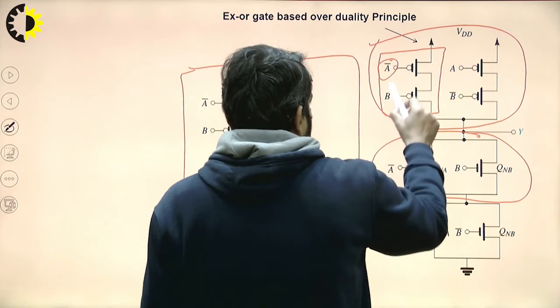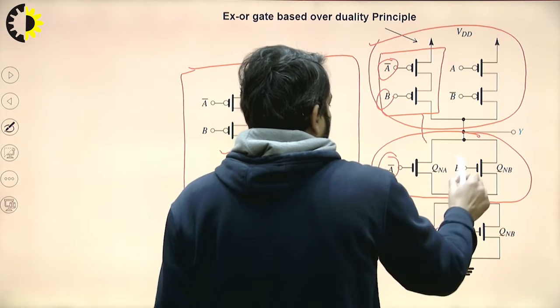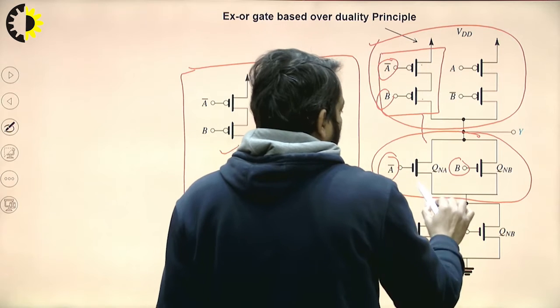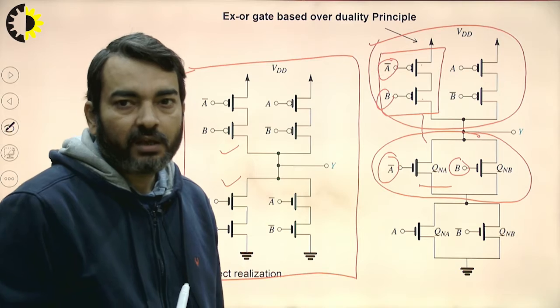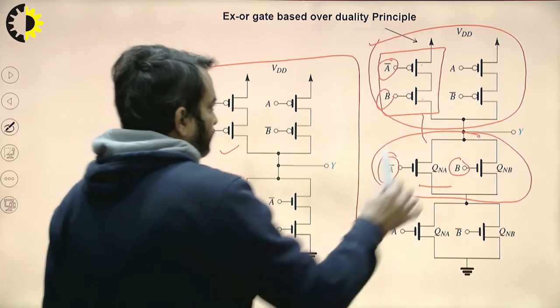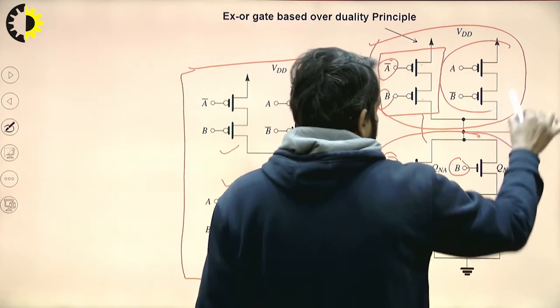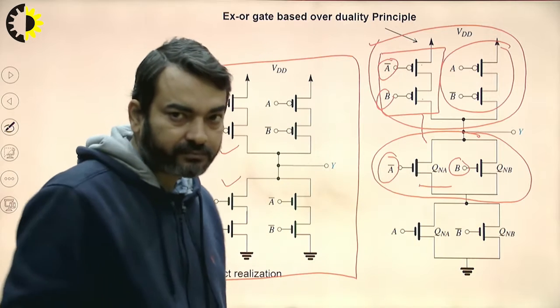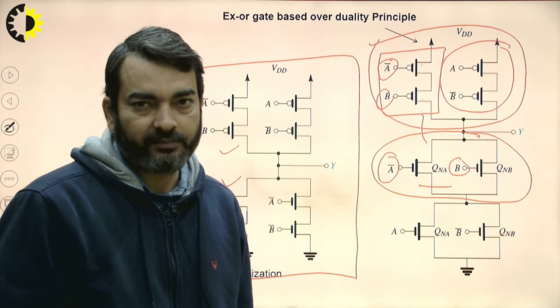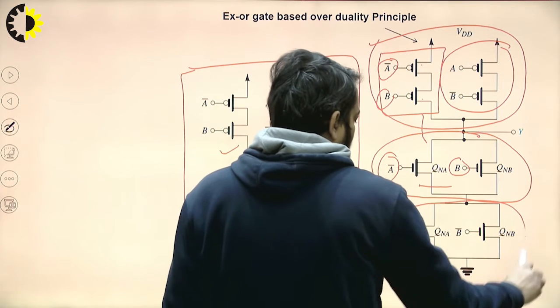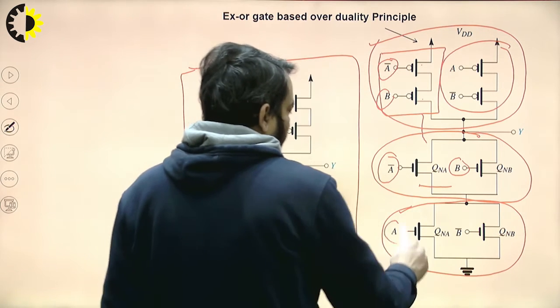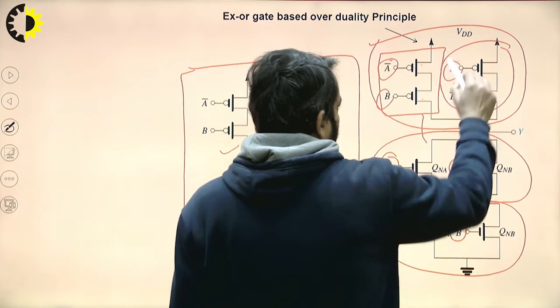The inputs will remain the same, A bar and B bar. Now this series is replaced by this parallel connection of two NMOS. In the same way, these two series PMOS transistors will be replaced by two NMOS transistors in parallel with inputs A and B bar.